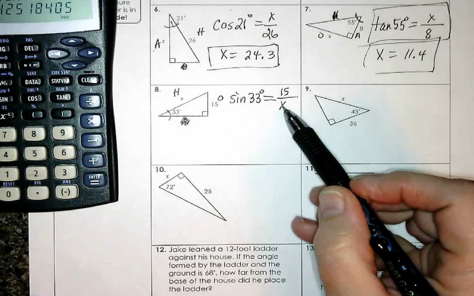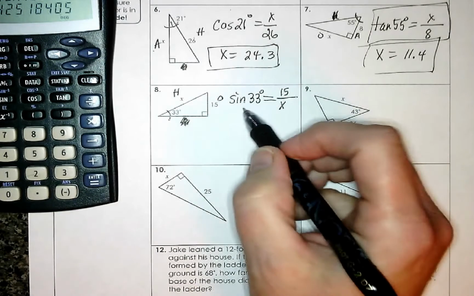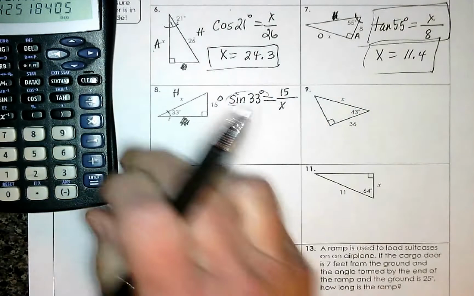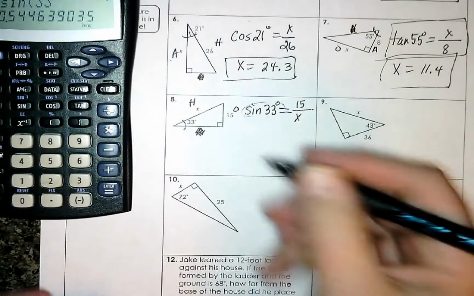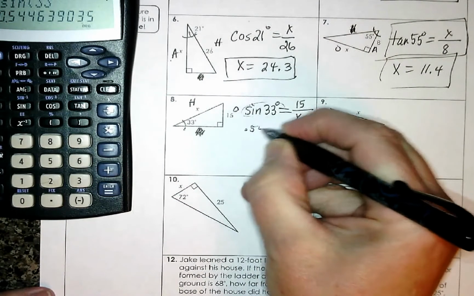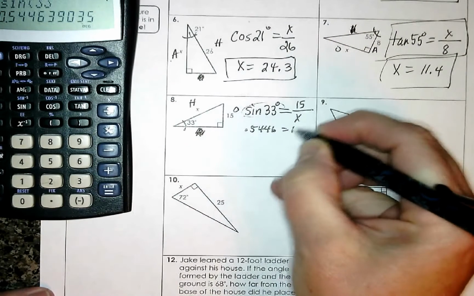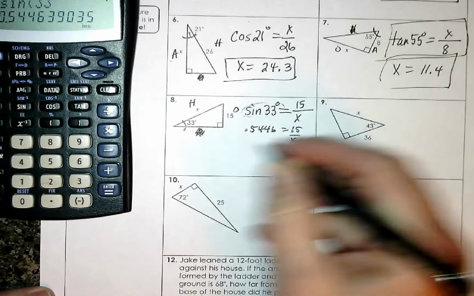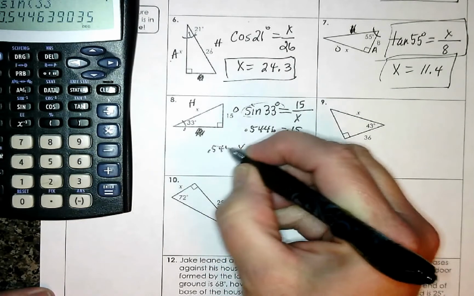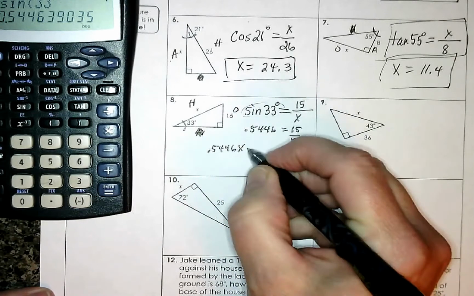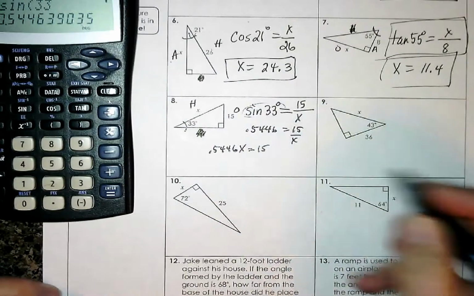Okay, we could go through and we could say, okay, we're going to replace the sine of 33 with this decimal. So sine 33, and that'd be 0.5446. We could cross multiply, so 0.5446 times X is going to equal 15.